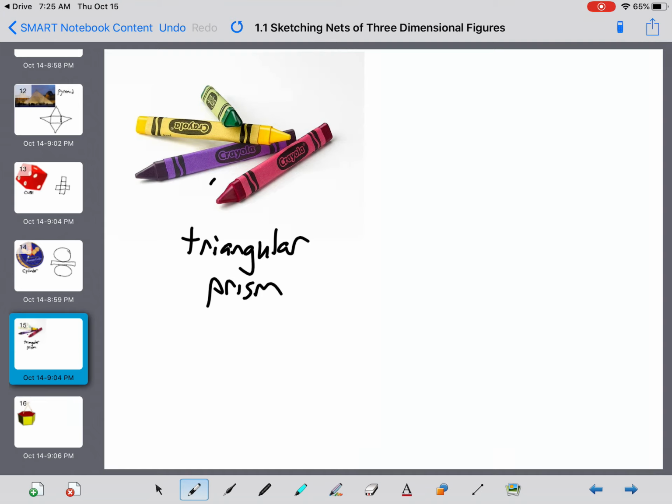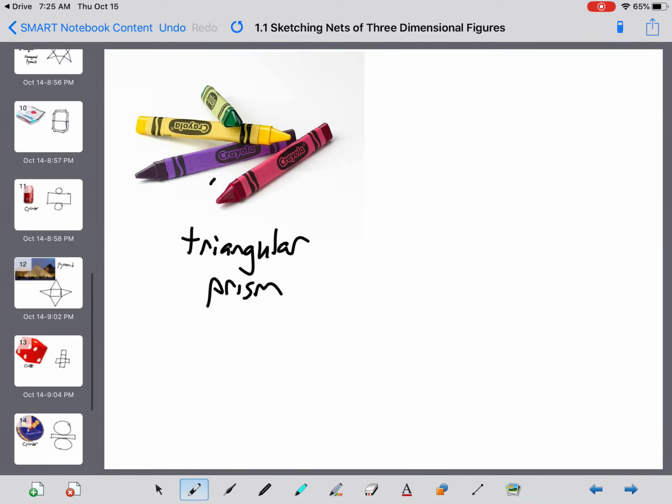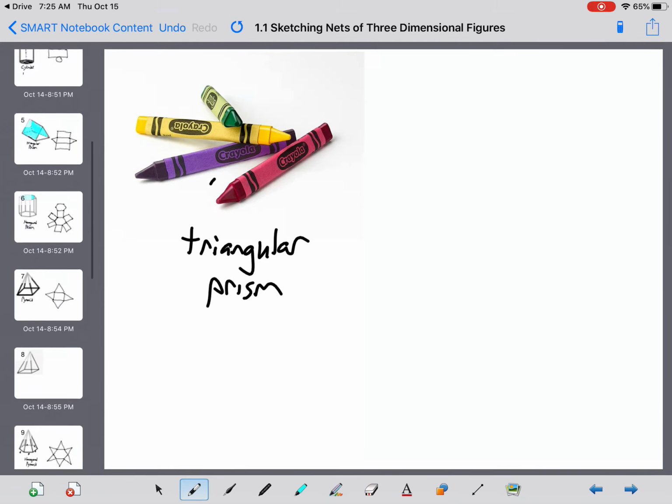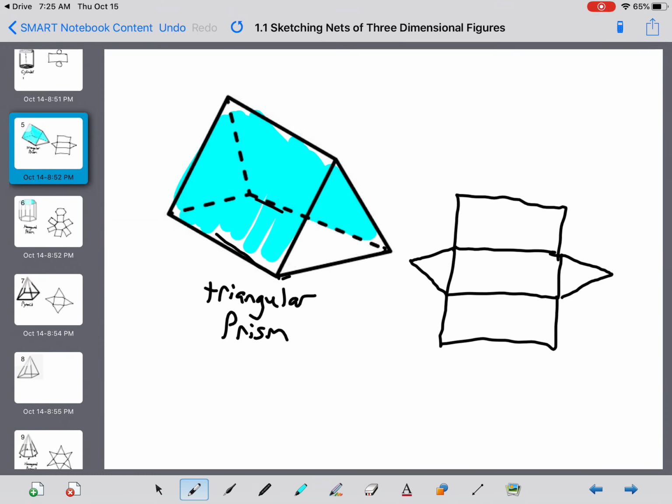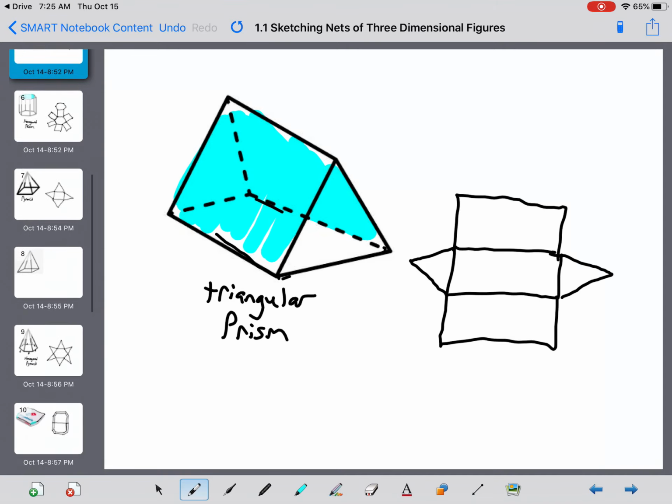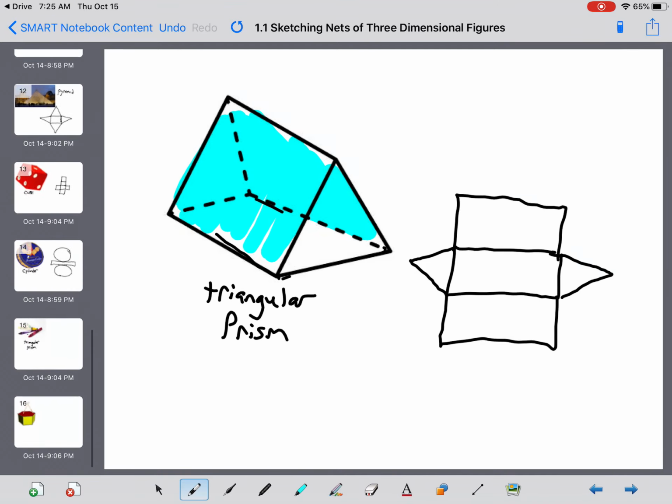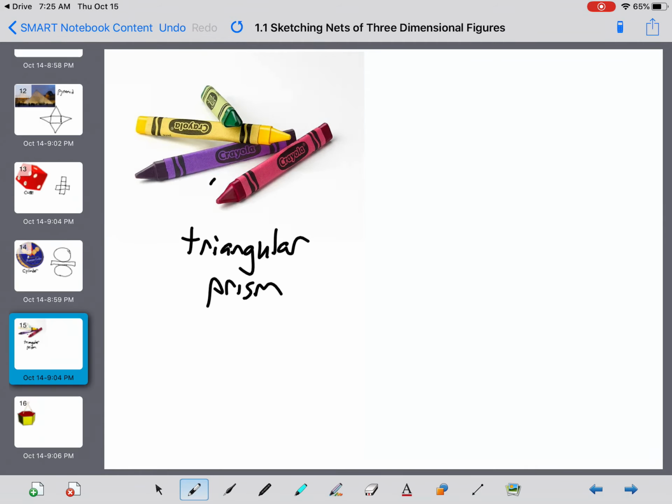So how are we going to show a triangular prism? Well, let's go back. Here's your triangular prism, much like the crayon. We started out with rectangles and put triangles on the sides. So, here's your rectangle. Here's your triangles on the sides.